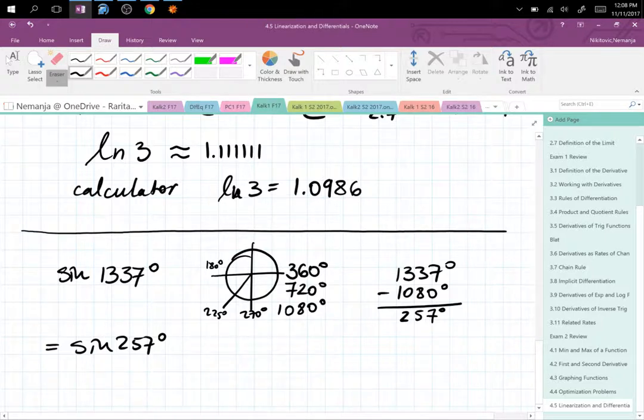And now we have those 30s and 60s over here, so 240 degrees. So you look at all of these degrees that you have, and you realize that 240 is the closest to 257. Oh no, 270 is closer, yes, because it's 13 degrees. So 270 is closer.